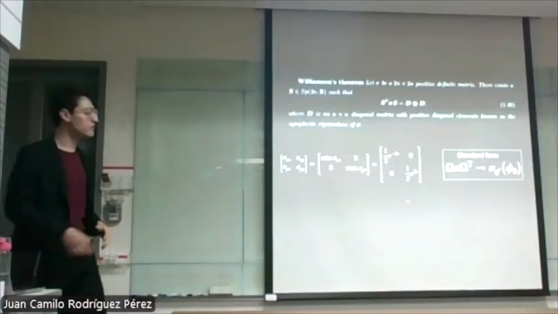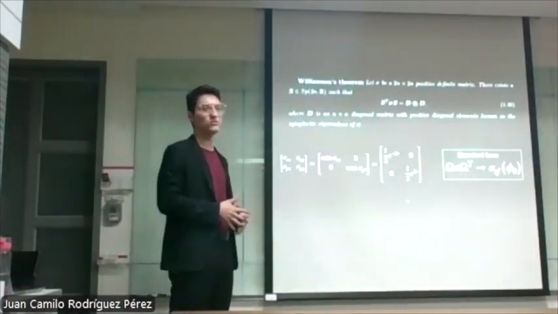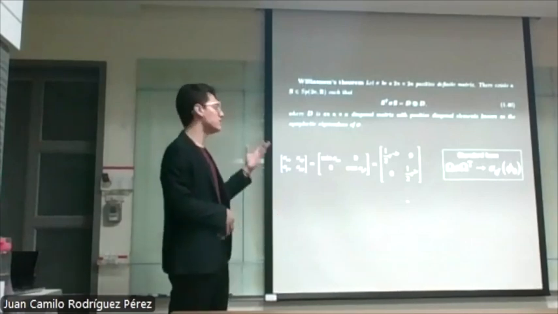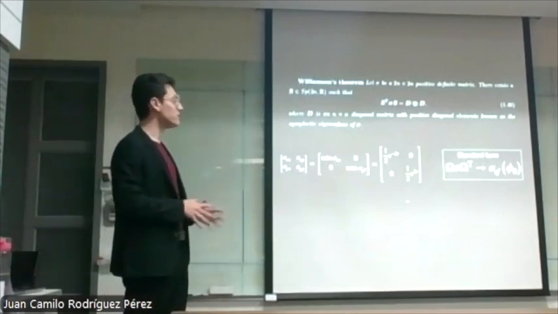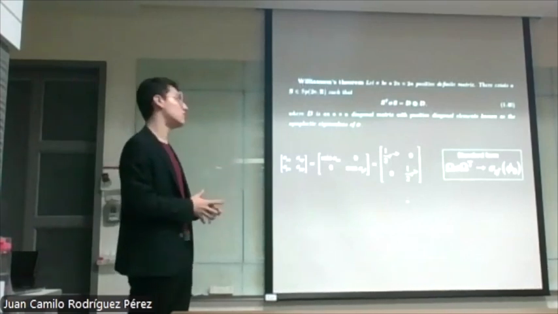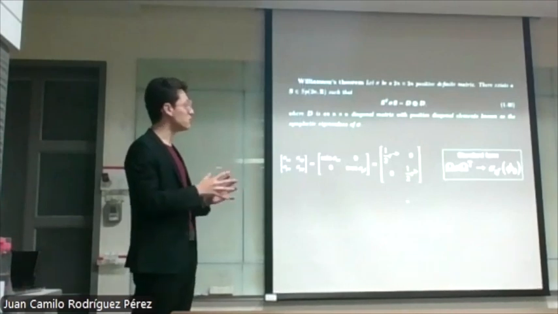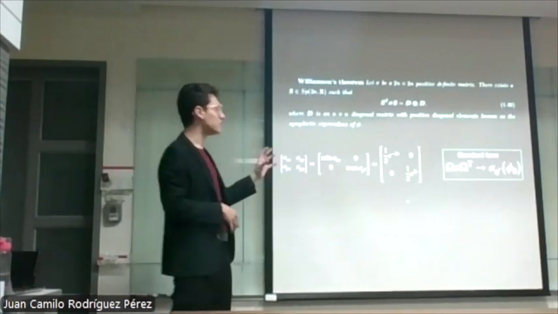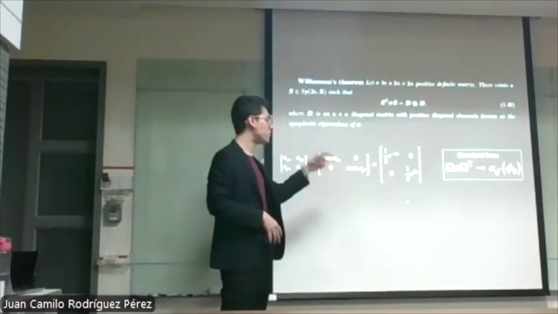In order to take advantage of the power that the symplectic structure of the space has, let us go to some symplectic geometry theorems. The Williamson theorem states that for a covariance matrix, a positive definite matrix, by symplectic transformations we can find a diagonal form of the matrix. In the single mode case, we can find this diagonal form.